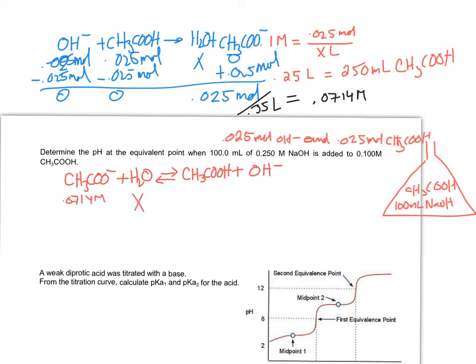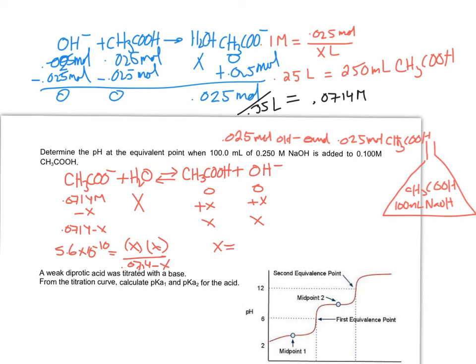Don't care about the water. 0 and 0. Minus x, plus x, plus x. 0.0714 minus x, x, and x. My Kb expression: 5.6 times 10 to the negative 10 is equal to x times x over 0.0714 minus x.